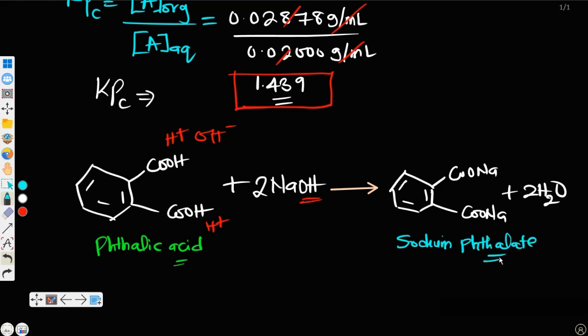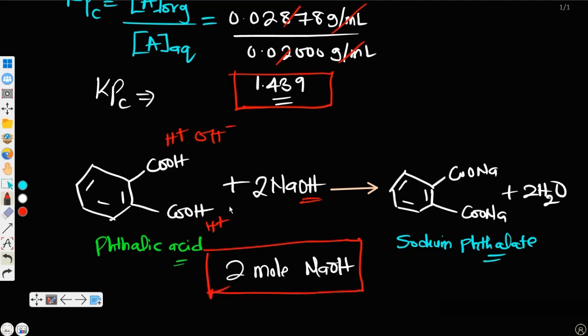And 2 molecules of water. So definitely it will require how many moles of sodium hydroxide? 2 moles of sodium hydroxide will be required to react with phthalic acid. And this is the equation of reaction. So that is that for this particular question. See how easy it is for us to get our answers immediately. Very easy, right? Exactly.